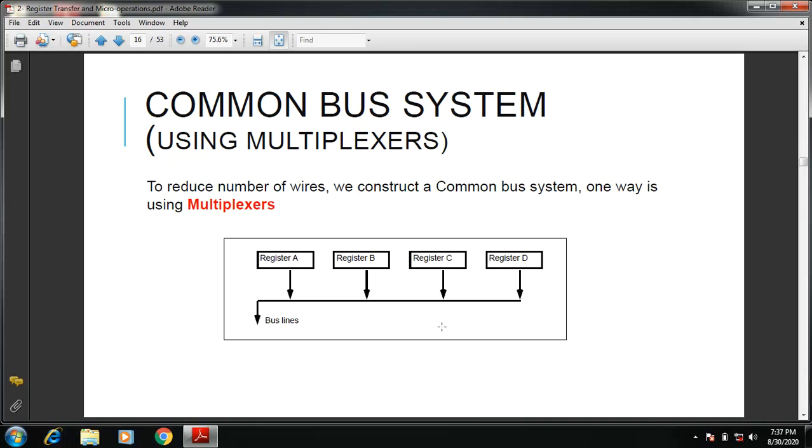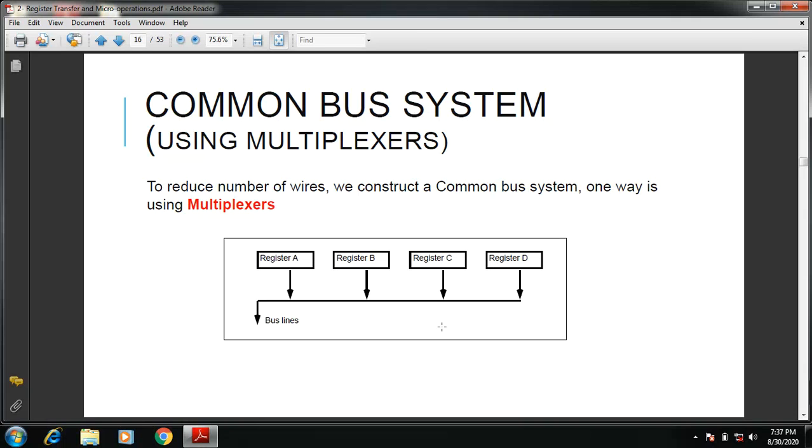A real-time example is in telecommunication, where several telephone calls are carried through a single wire. That is the logic of multiplexers, because it reduces the number of buses: only one bus, only one wire, accepts many input lines. Okay, so this is known as a multiplexer.